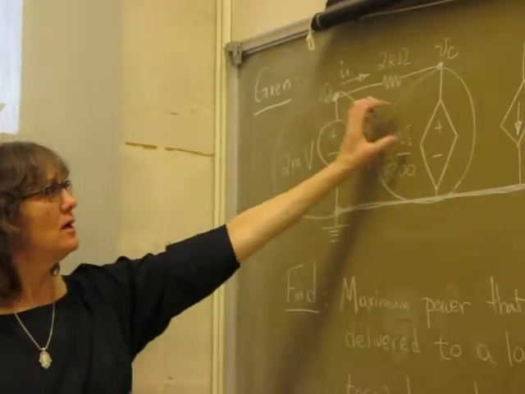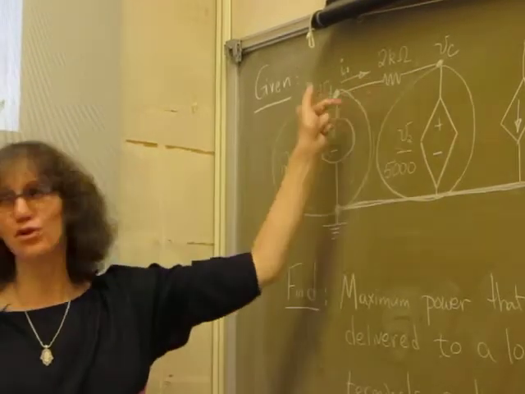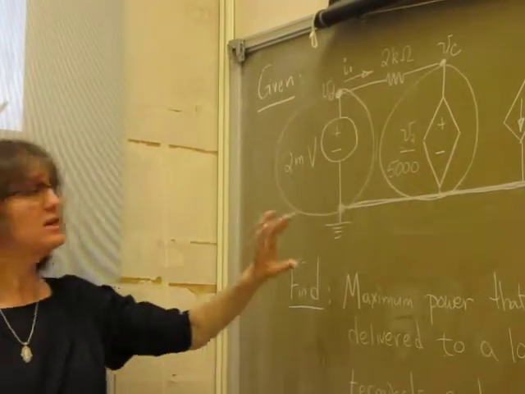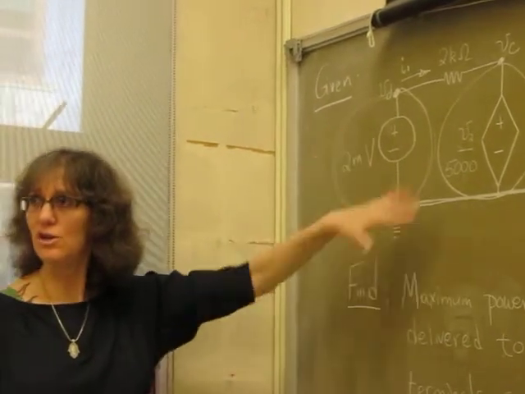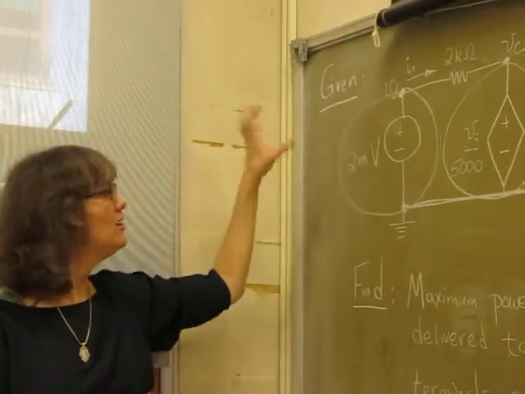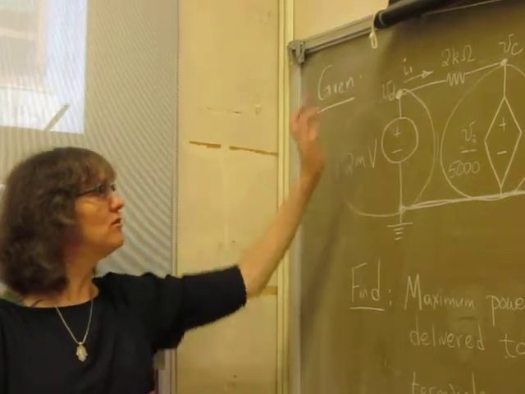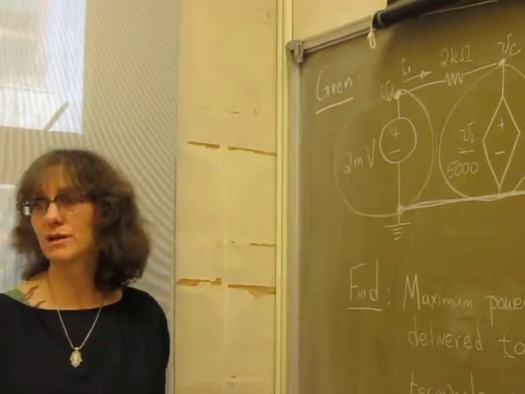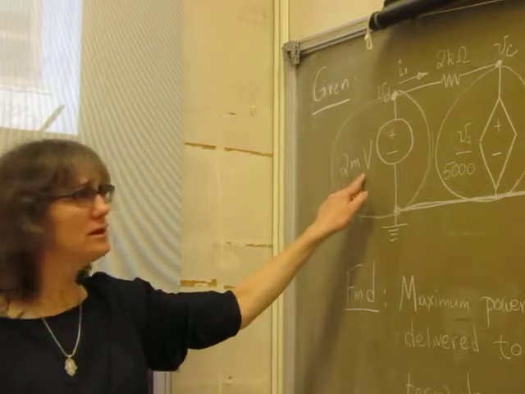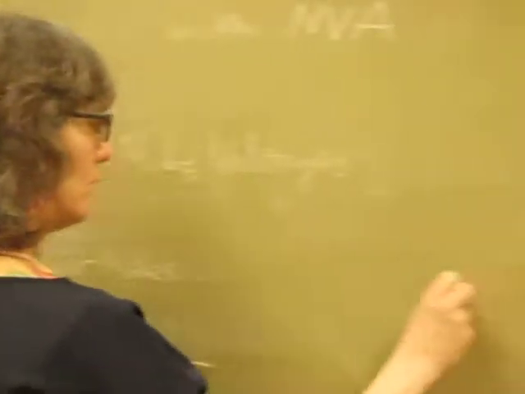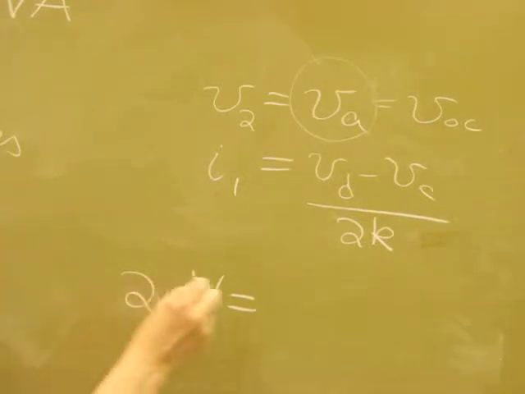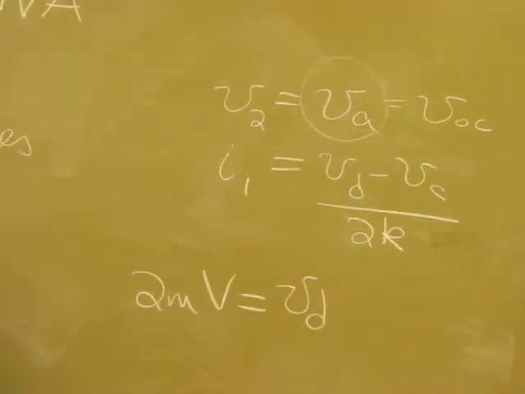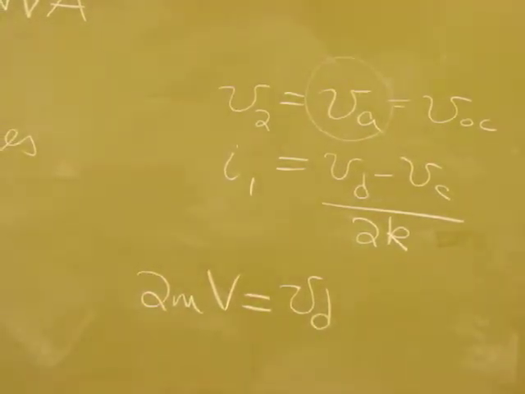You take the voltage of the source that you made the supernode out of, and you put it in terms of the node voltages on either side. So in this case, 2 millivolts is equal to VD minus 0, or just VD. That's what we got from this supernode.